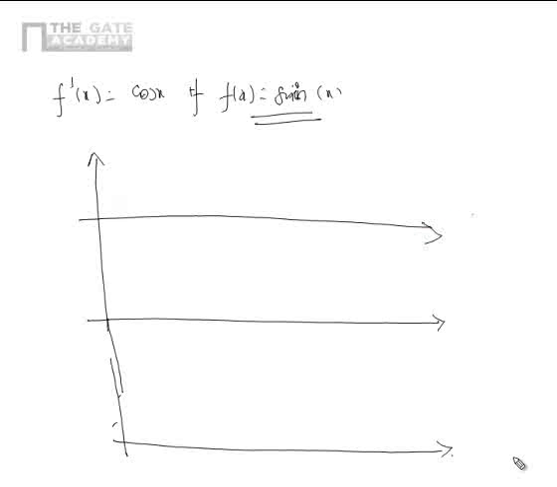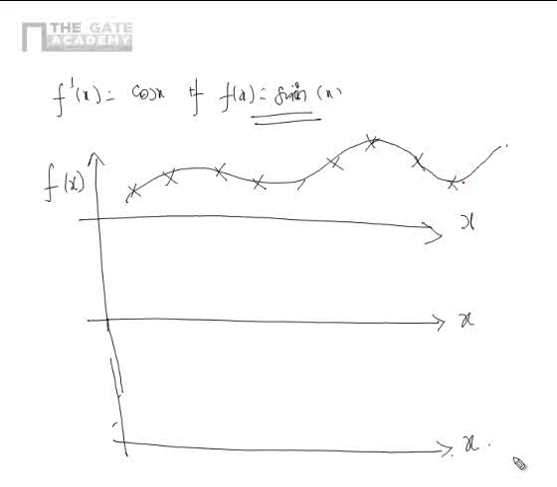Let me take this as the x-axis. Okay, let me first draw a random function like this, some function, and I'm going to do the same thing. I'm going to take equal intervals in x, and see how is the variation.